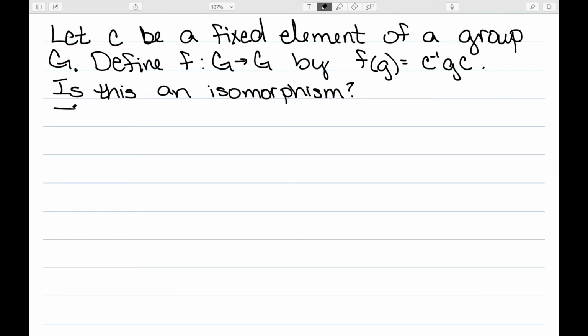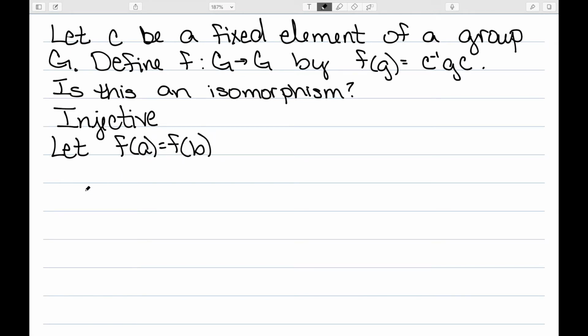Let's start with showing that this is injective. In order to do this, we're going to let F of A be equal to F of B. F of A is C inverse AC. F of B is C inverse BC.